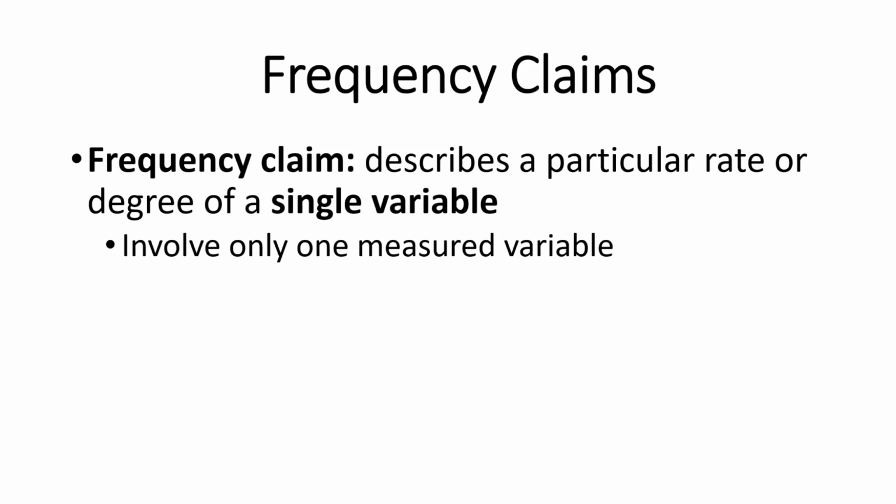So if you're looking at an experiment where the results are a frequency claim, if the results of this study give us the idea that, say, 15% of Americans smoke, then that experiment involved measuring a single variable. So they asked, do you smoke or not? And they got the answer that 15% of people surveyed said yes.